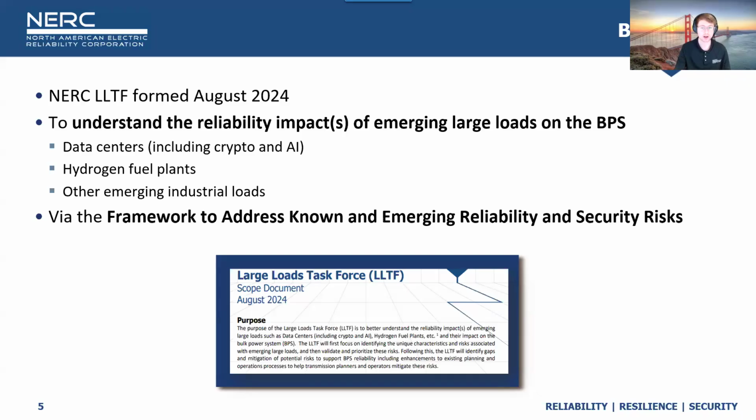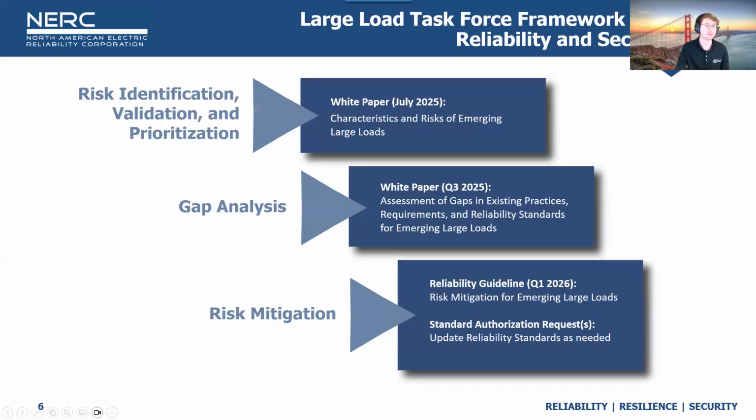And that process pretty much looks like this. First, identify, validate, and prioritize the risks from large loads. Then do some gap analysis and figure out, are some of these things already mitigated with our existing processes, or are some things unmitigated currently and we need to develop new processes or standards for it.